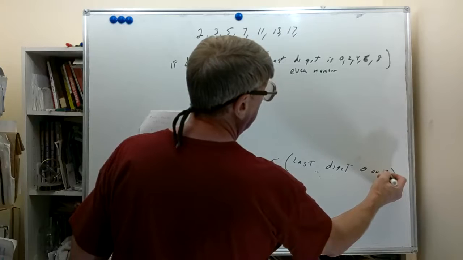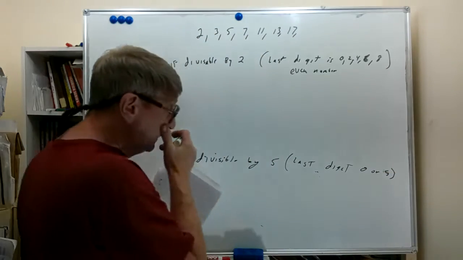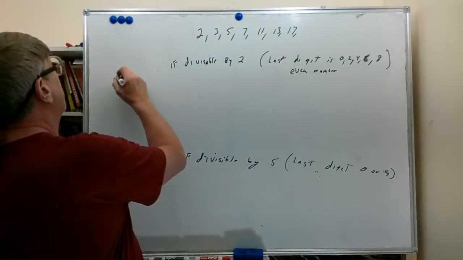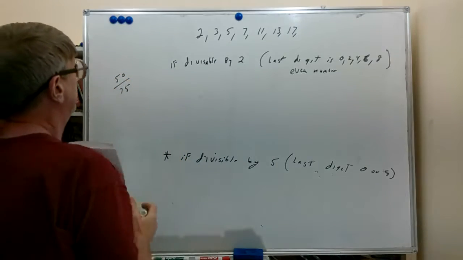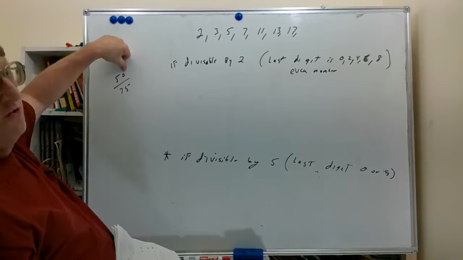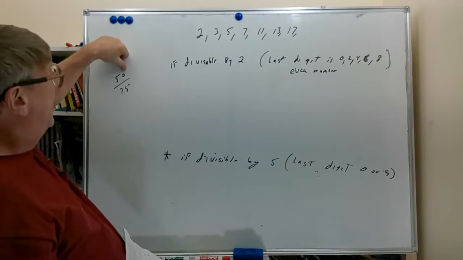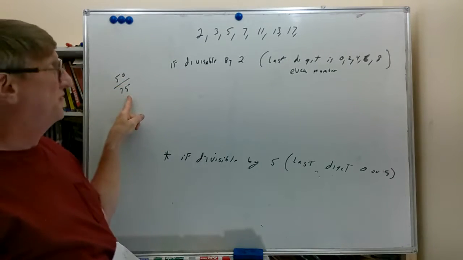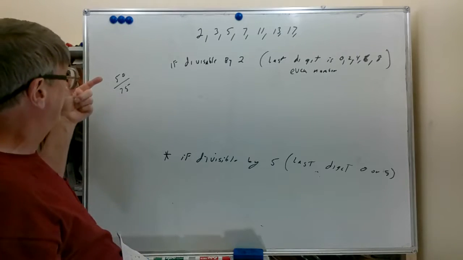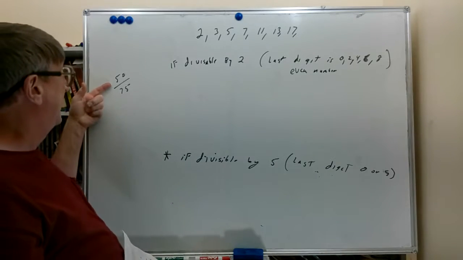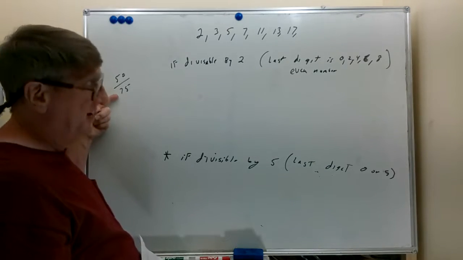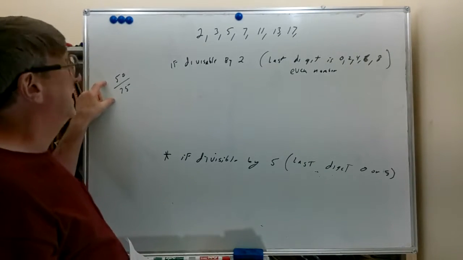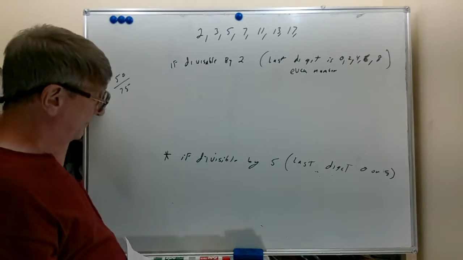So what can we tell here? Well, say you had 50 over 75. Because we have a 0, we know 50 is divisible by 5. Because we have a 5, we know 75 is divisible by 5. So we know we have at least one common factor of 5 in the numerator and the denominator, so we know this fraction is not in lowest terms.